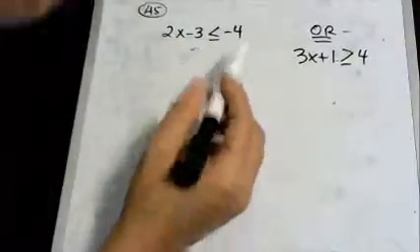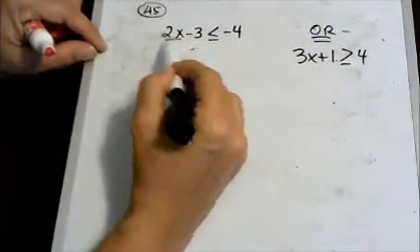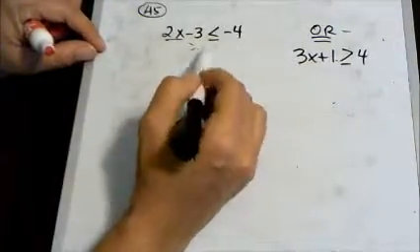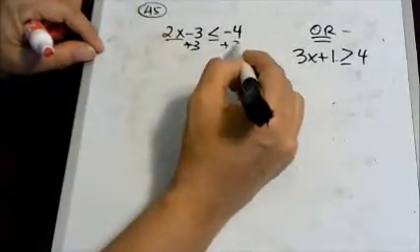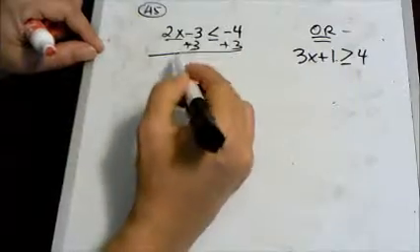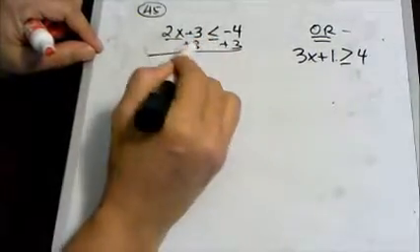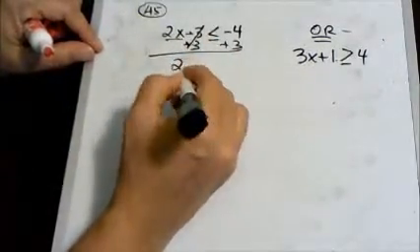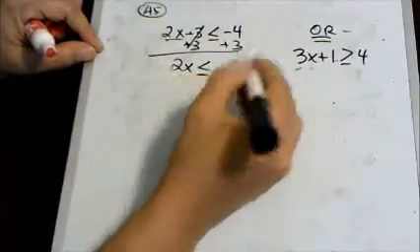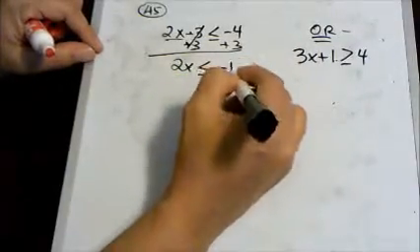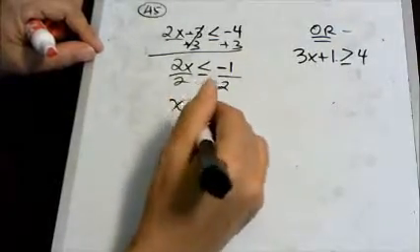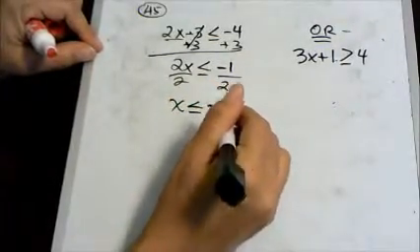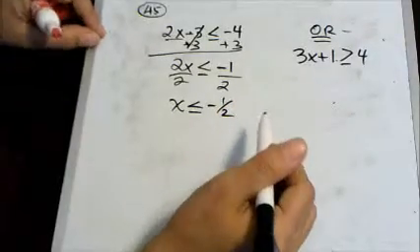Okay, here we go. So, leave this x here. We want this negative 3 to go on the other side. So since it's a negative, we get to add it. Ready? Negative and positive of the exact same number cancel out. Negative 4 and 3 is a negative 1. Now we divide by 2, divide by 2. X is less than or equal to negative 1/2 here.